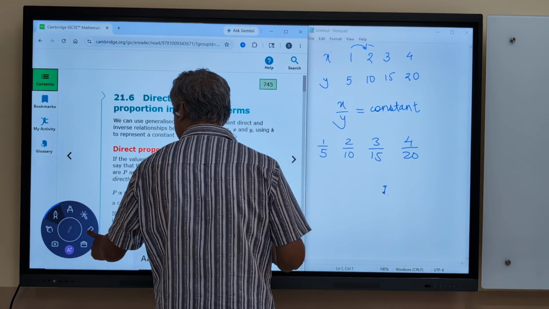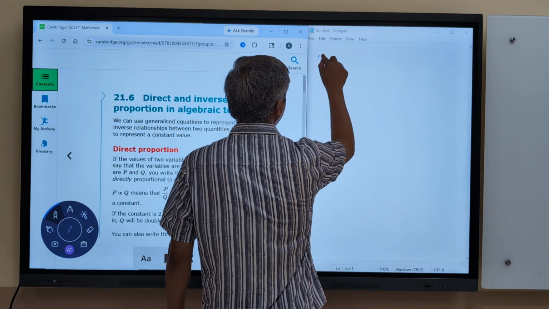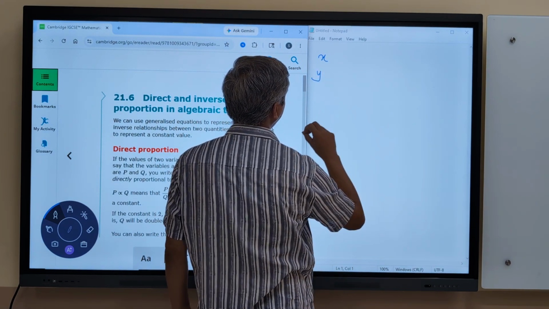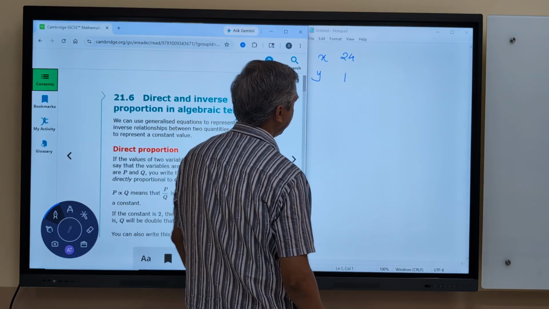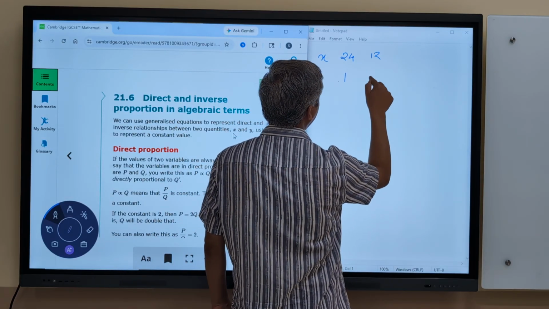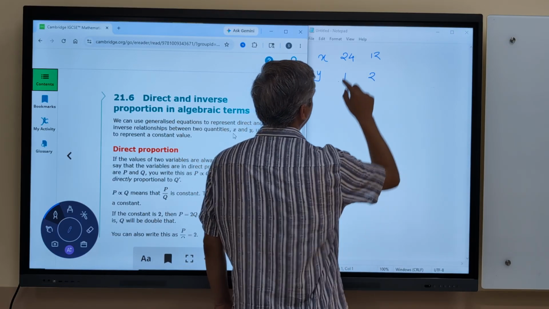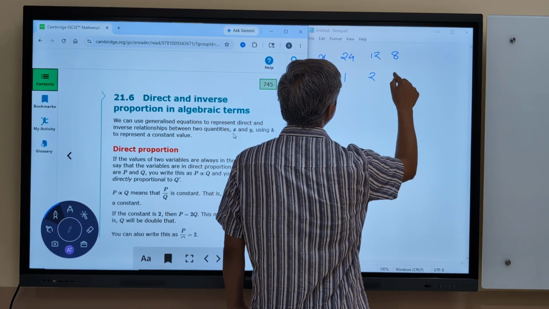What can be the test for inverse proportion? Say one value is x and the second value is y, and when x is equal to 24, y is 1. When x is halved, y does not become half, it becomes double. When x is divided by 3, so you get 8 here, y becomes 3 times.